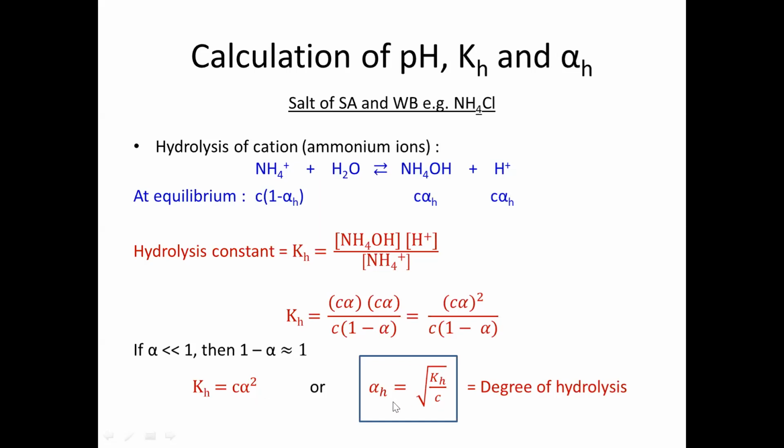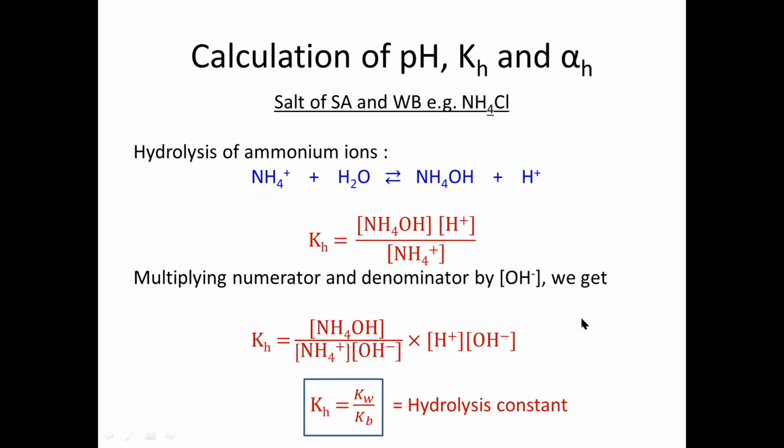Or we can say that degree of hydrolysis is equal to under root of hydrolysis constant over the initial concentration of the salt. So again, we can have the expression of Kh in terms of Kw and Kb, because here we are considering the equilibrium of a weak base. So we will be deriving Kh in terms of Kb and Kw.